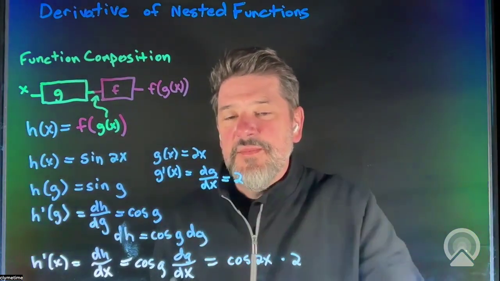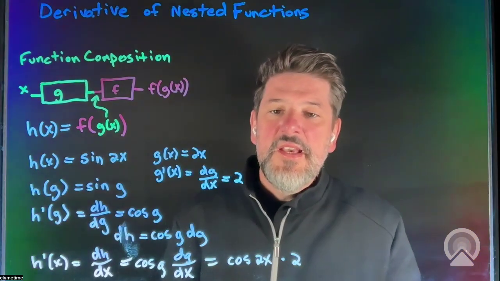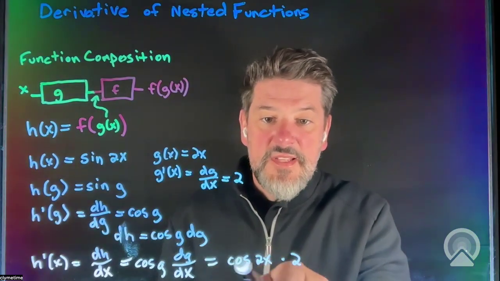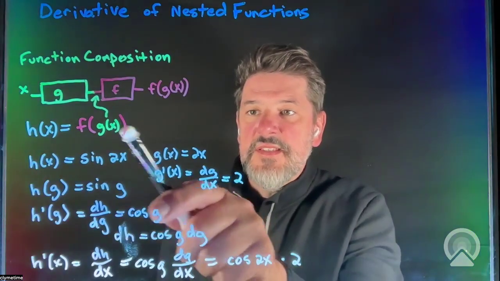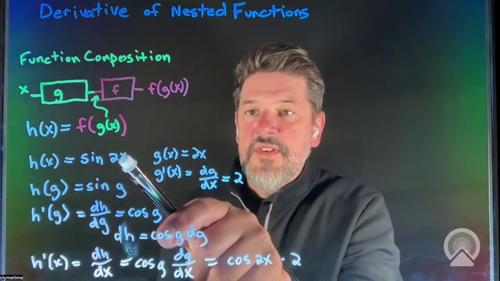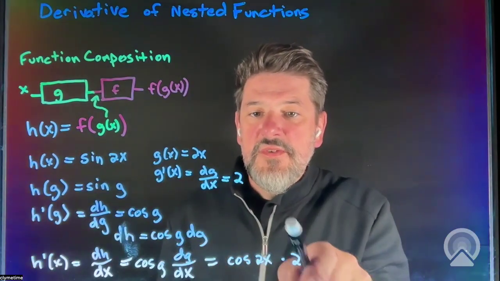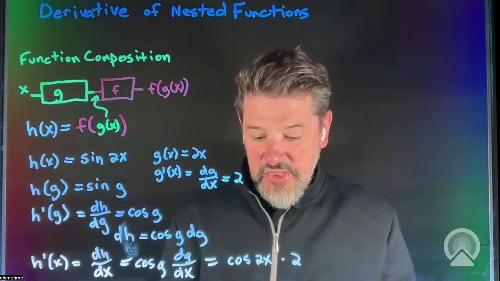Technically, it's a function composition. But if you have that situation, this is always what the result will be: the derivative of the outside times the derivative of the inside. The derivative of the outside, the derivative of sine, is cosine. The derivative of the inside is 2. So 2 times the cosine of 2x is what the derivative would be. And that is called the chain rule.